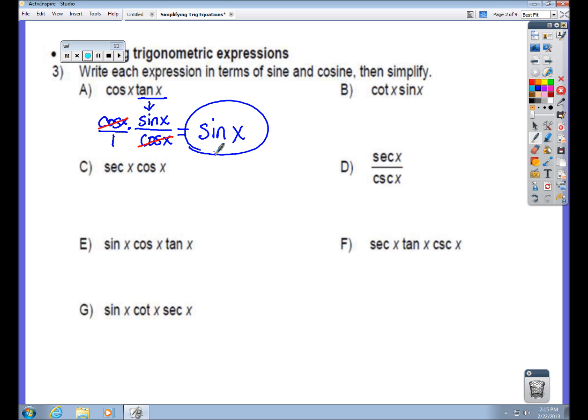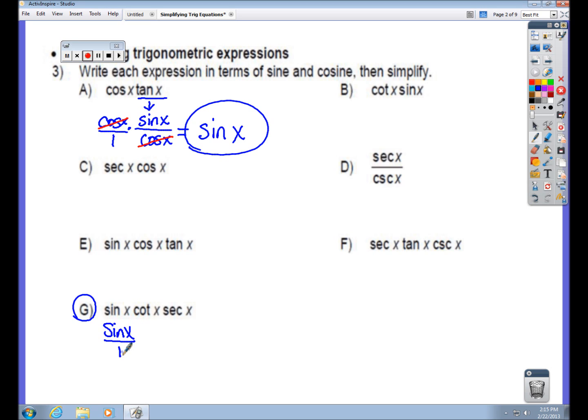Okay, so let's look at letter G. This time we have 3 functions multiplied together, but again we need to change everything that is not sine or cosine. So the first one is sine. We're going to leave that as sine x, and I'm going to go ahead and put it over 1. Okay, cotangent.